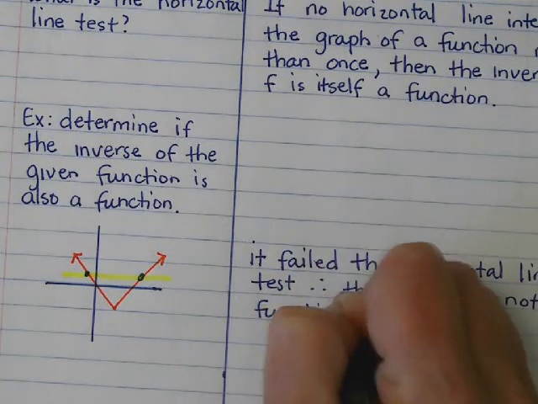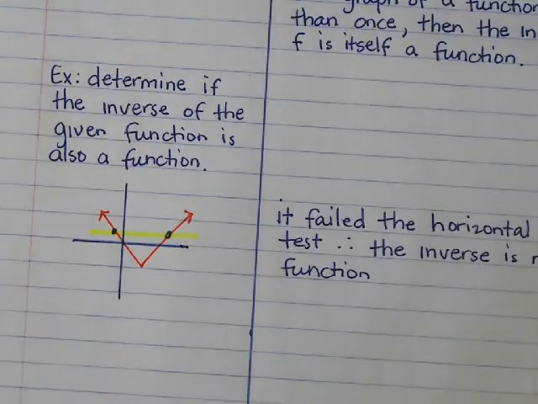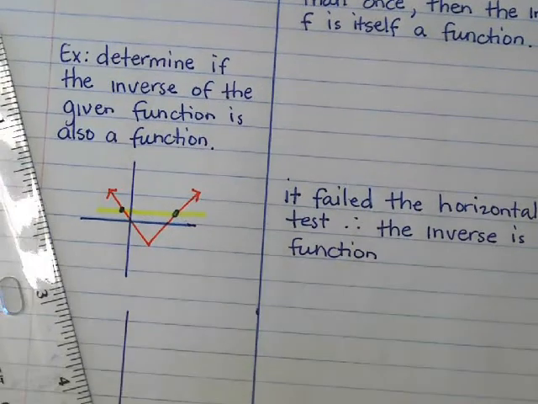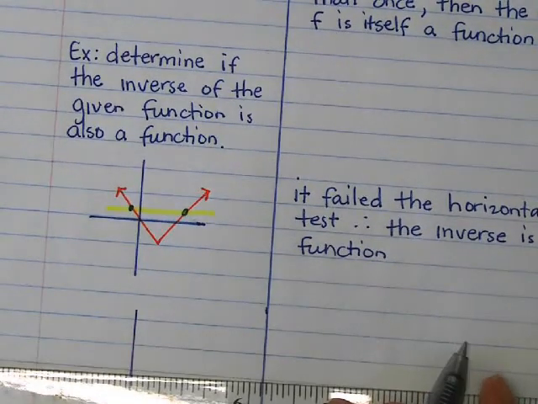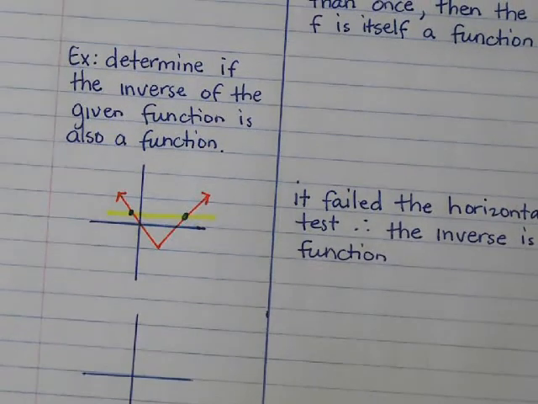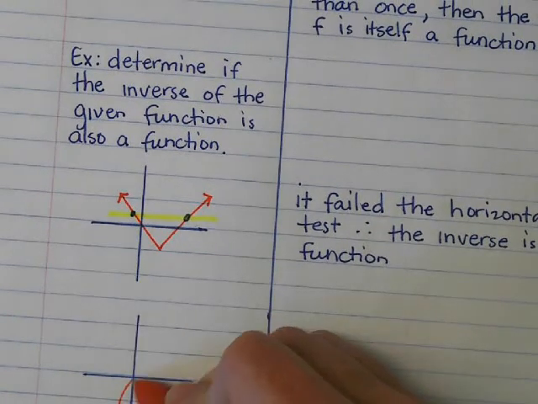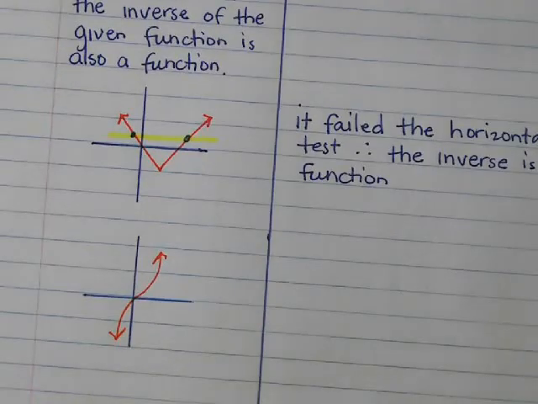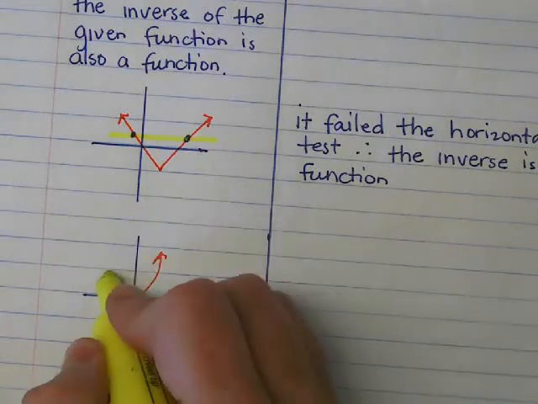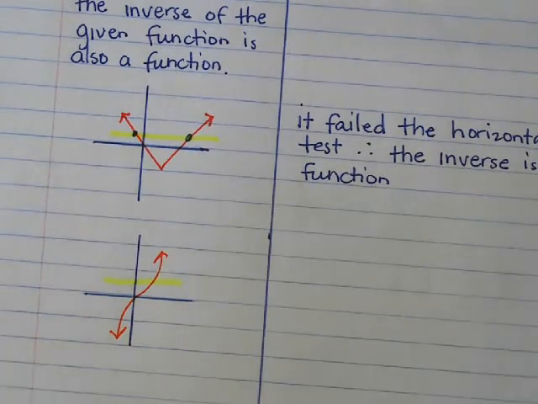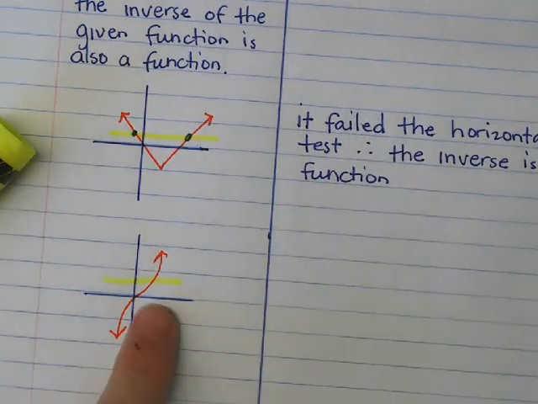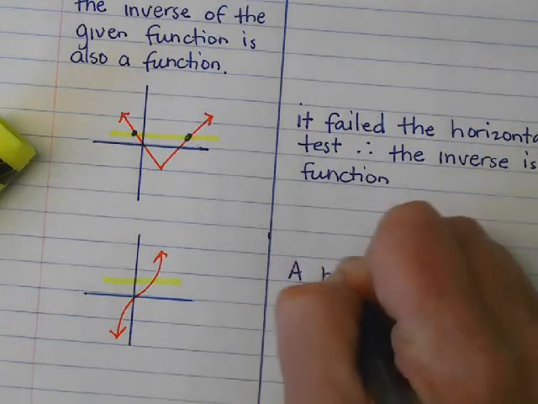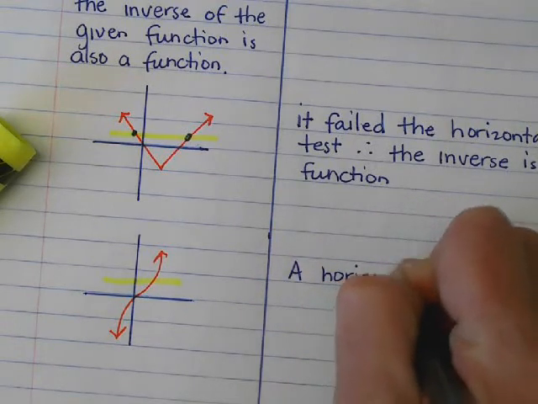So we don't even have to graph it. We just check. Can it pass the horizontal line test? Okay, let's look at something like that, a cubic function. So I think, is there anywhere I can draw a horizontal line that will touch this function in more than one spot? And I don't include the arrows. So there's nowhere, right? I can say a horizontal line will never touch in more than one spot.